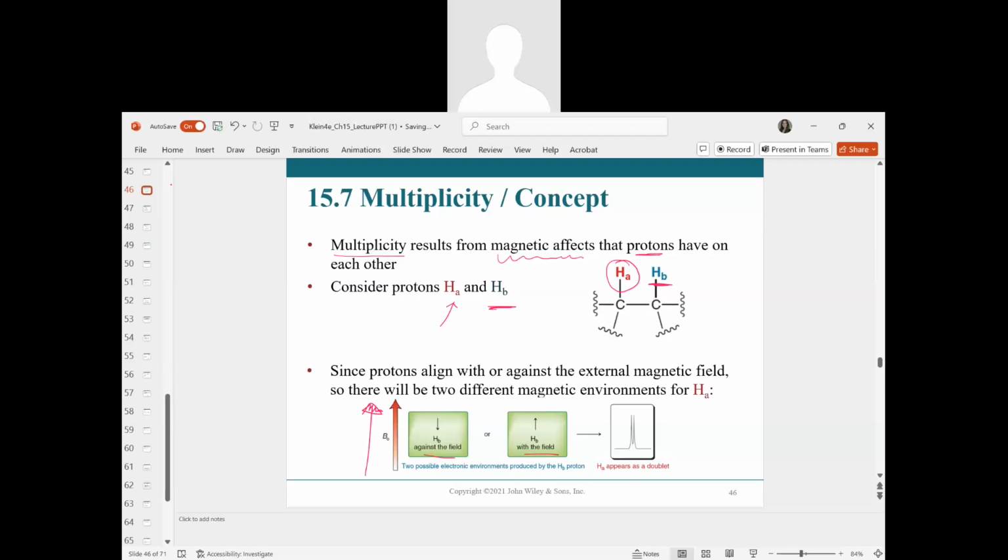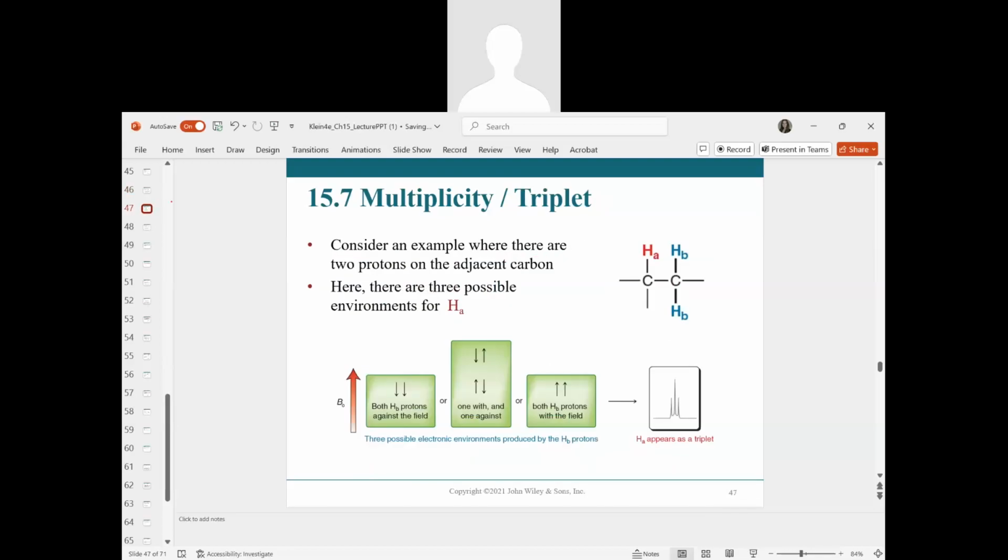Even if we align A here with the field, we can still have 2 different electronic environments produced by proton B. Therefore, proton A's signal will appear as a doublet because of the 2 spin states, the 2 different magnetic environments of proton B, against or with the external magnetic field. That's why the neighbors contribute to the number of signals.